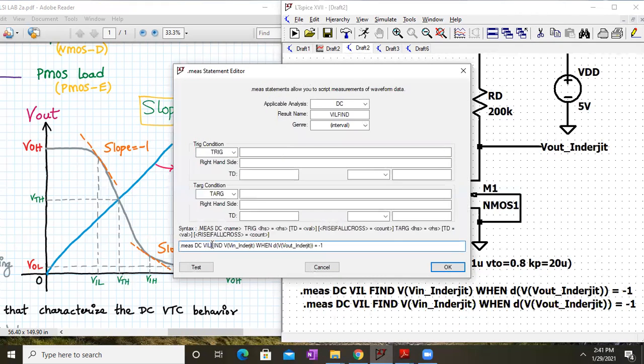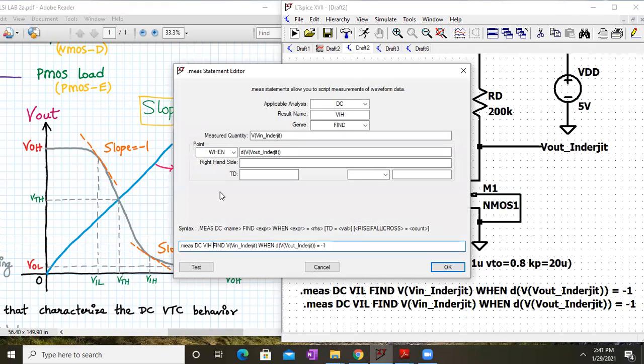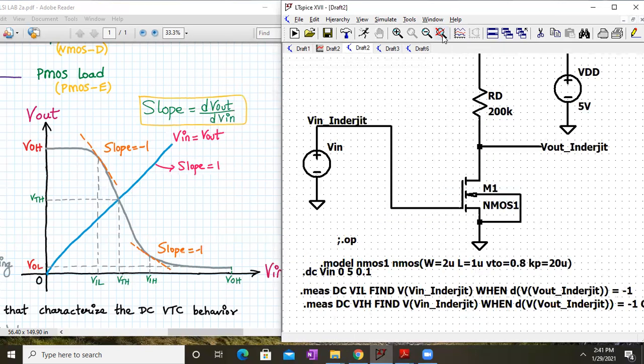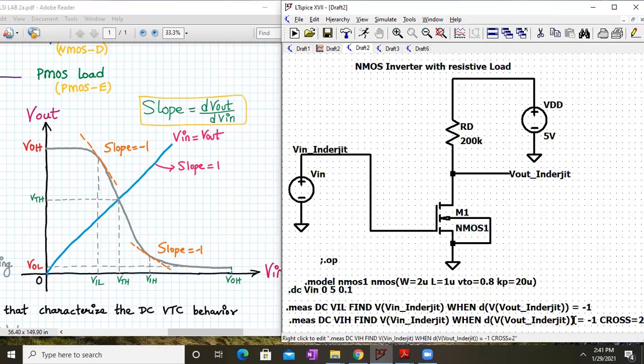The changes will be VIH. Okay. Now over here, actually VIH is the second time the slope is equal to -1. Correct. So over here we have to add one statement, cross. So cross should be equal to twice. So second time it becomes equal to -1.